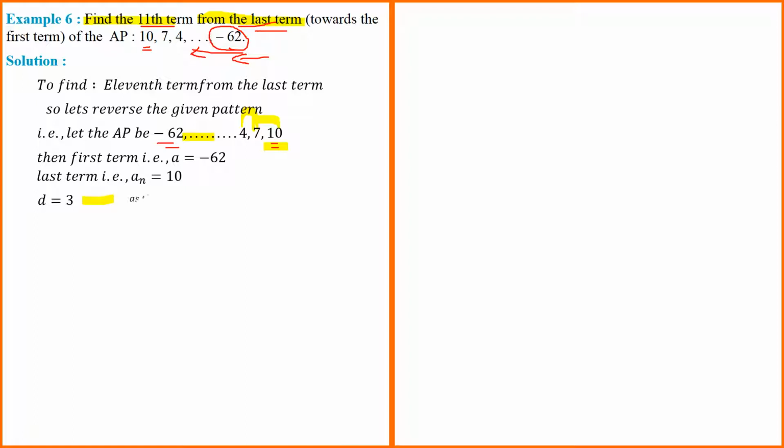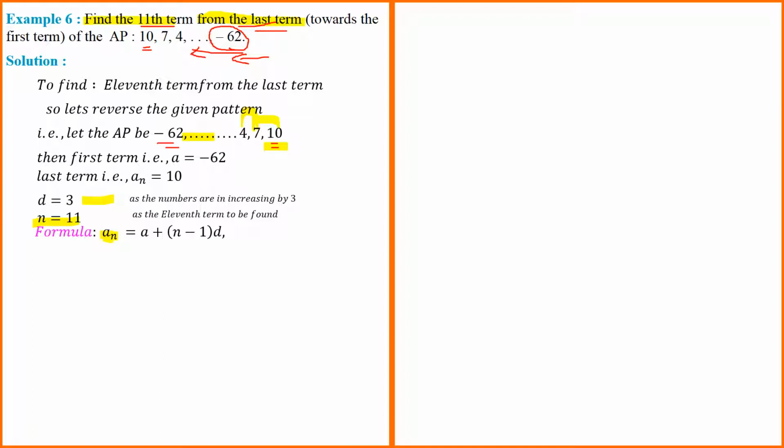Okay, fine. Let me use the formula now. Here n is equal to 11, as we need to find the 11th term. The formula is an equals a plus n minus 1 into d.